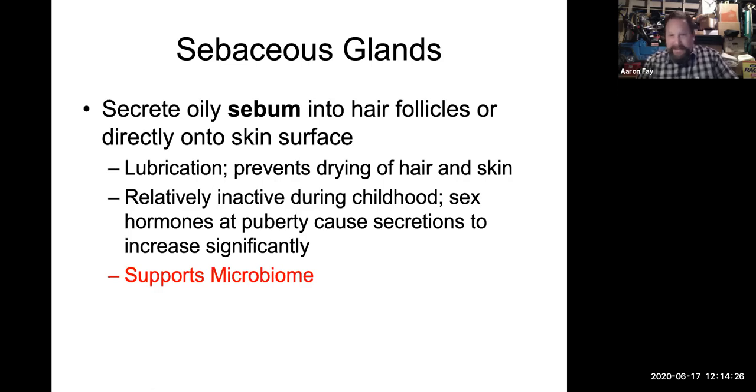As soon as they hit 11, 12, 13 years of age, sebaceous glands activate, they start producing sebum. Sebum is then consumed, because it's an oil, it's a fat, it starts getting consumed by microorganisms, and it starts producing a smell. Now, one thing I do want to say here, this is actually a good thing, because the majority of the microorganisms living on and inside your skin are good.